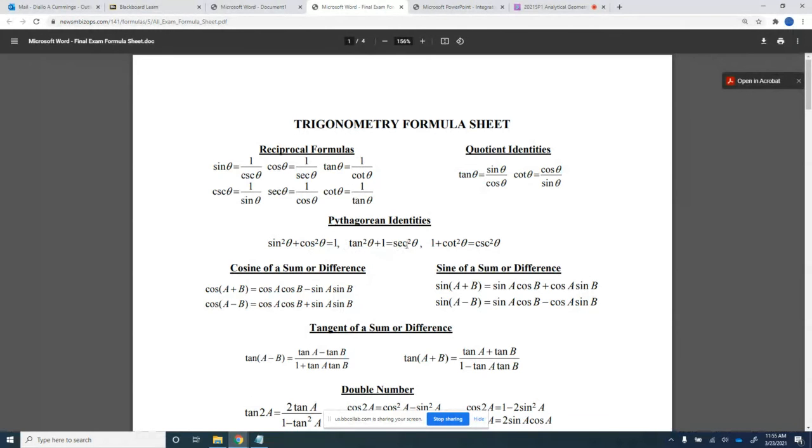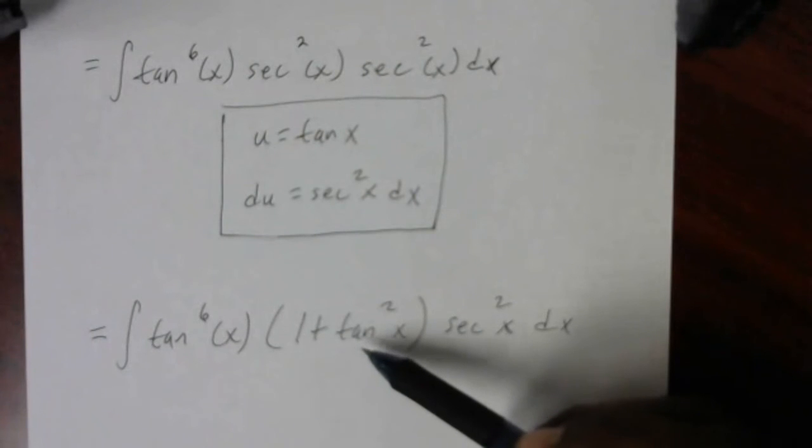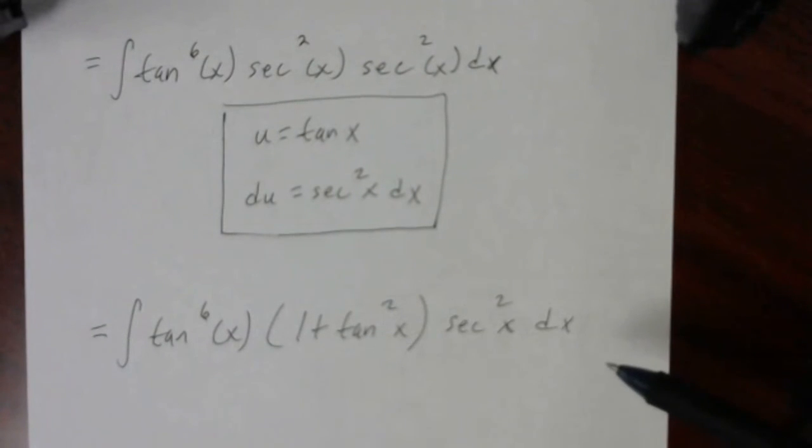So I've taken the secant square and I used a Pythagorean identity to write it as a tangent square plus 1. Okay, so this is where that 1 plus tangent squared x is coming in.